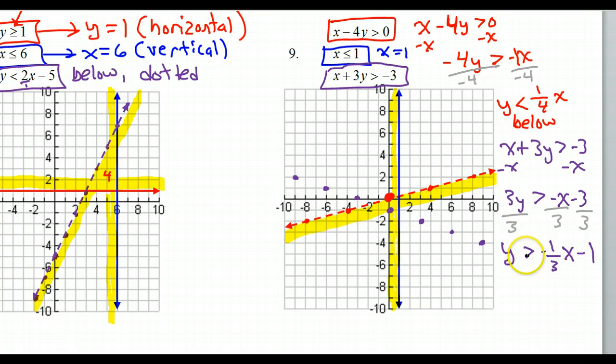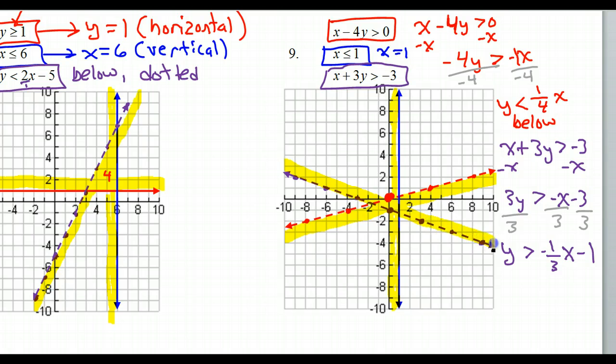This will be a dotted line because there's no "or equal to," and it's going to be shaded above because of the greater than. So I'll put a little bit of shading above the line.